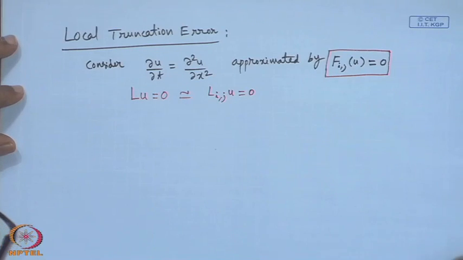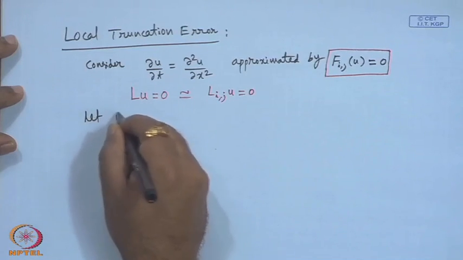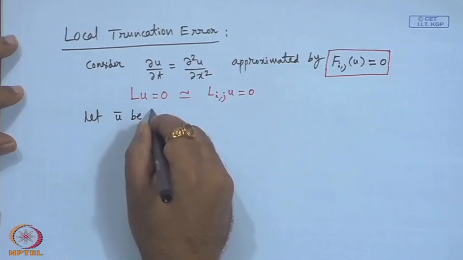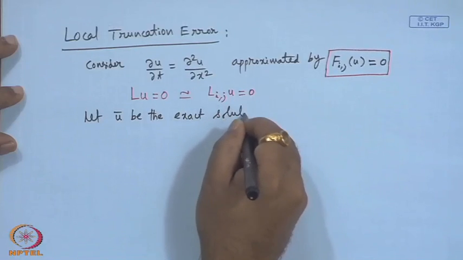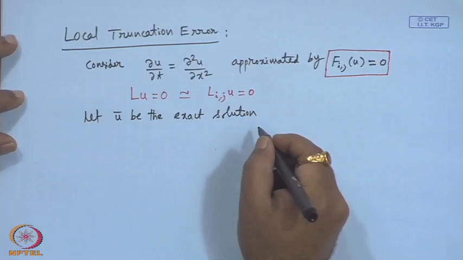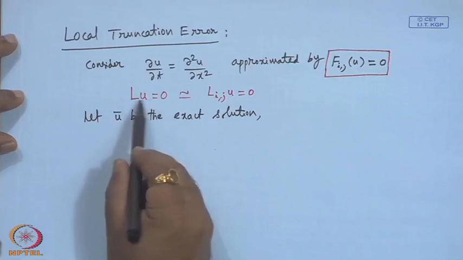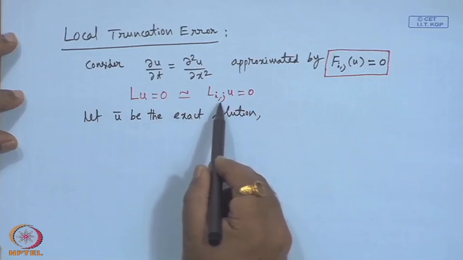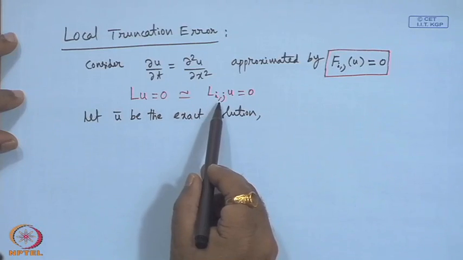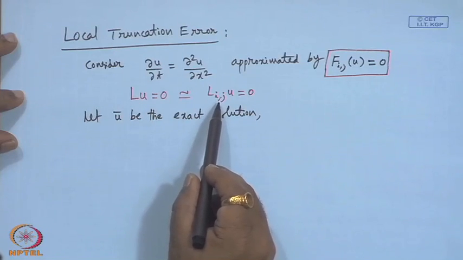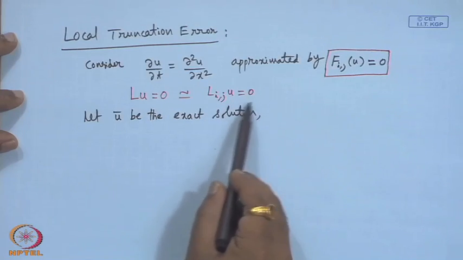Okay. Now, let us say u bar be the exact solution. So, then what do you expect? The exact solution satisfies this, but when you substitute the exact solution in the discretized, the approximated version, we are not sure whether this will be exactly 0.